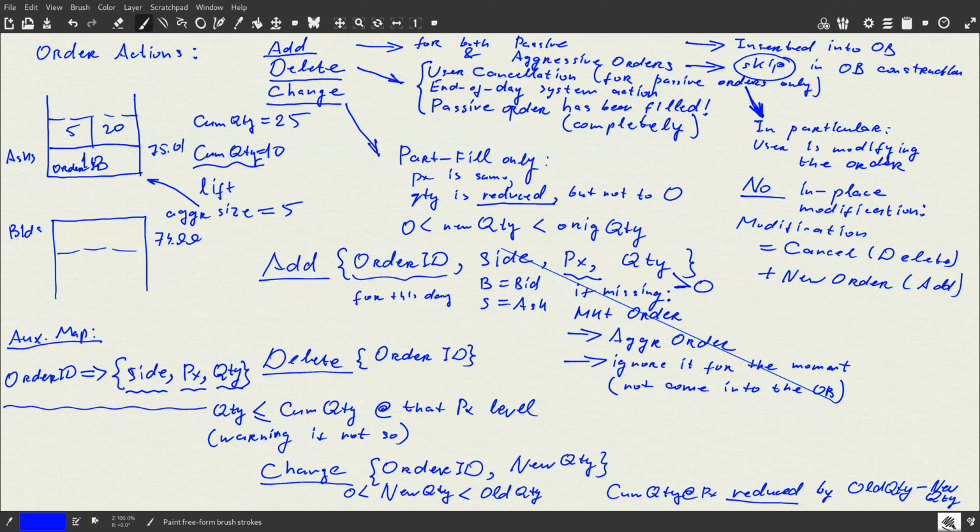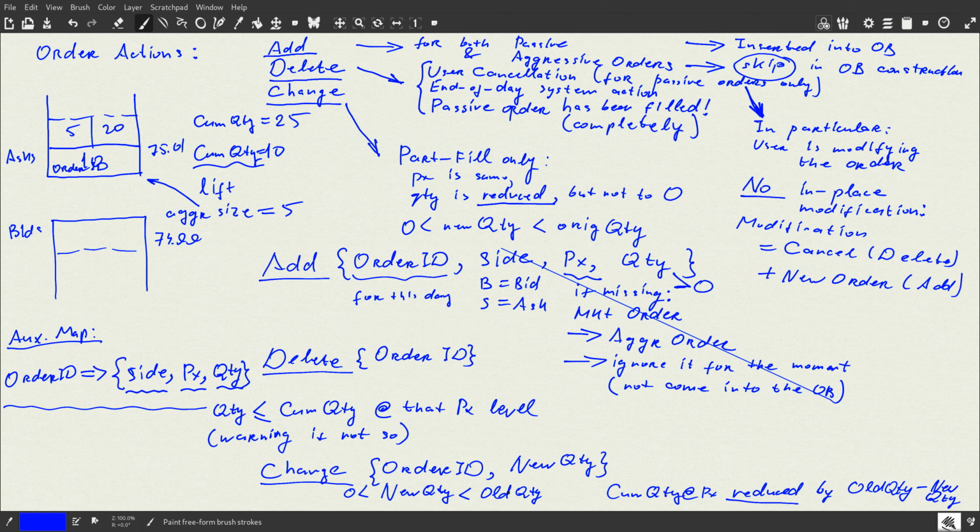So for example, and that is the question: what kind of corrective action would you apply if you encountered a change, but then you see that for whatever reason, new quantity is greater than old quantity? What do you think? Or greater than or equal to? Can it happen? Yes, it can happen because you get data which may not be perfect. There might be errors in the data. But how do you tackle this situation?